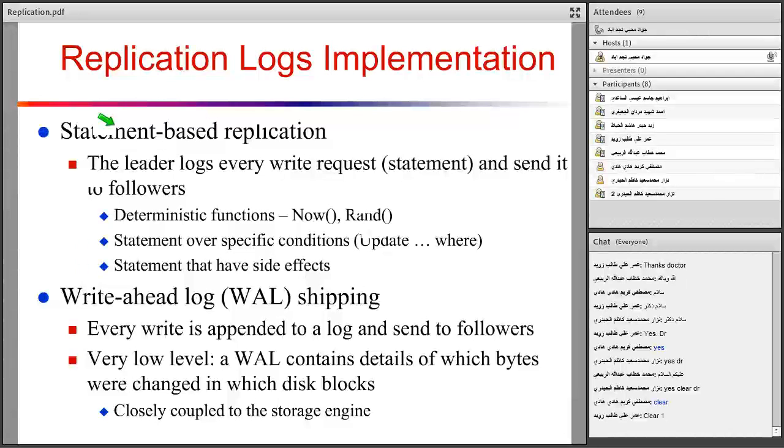I told you that this technique is very related to the hardware, because in this technique, some bytes are changed in a block, and these details are copied into the replication logs and sent to the other followers.